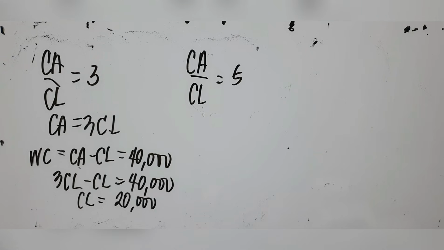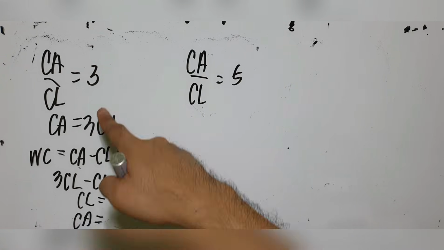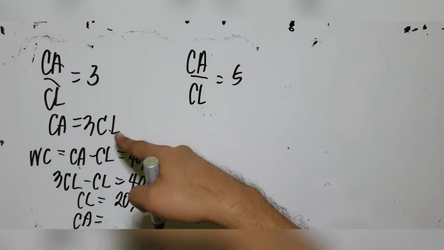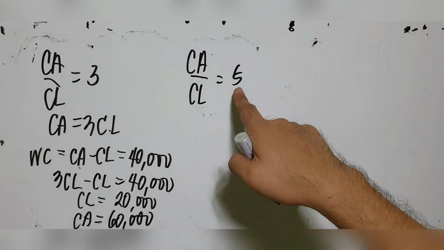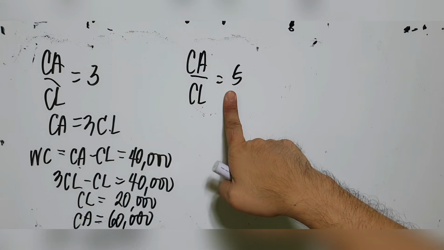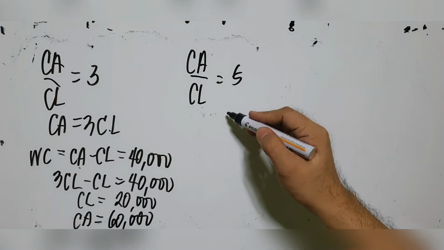Okay? So if that is the current liability, magkano ang current assets natin? Sabi natin, CA is 3CL. So substitute here, CA is 60,000. That is our CA. Now, kung ito ang gusto mong mangyari na minimum na current ratio, so CA over CL should be 5.